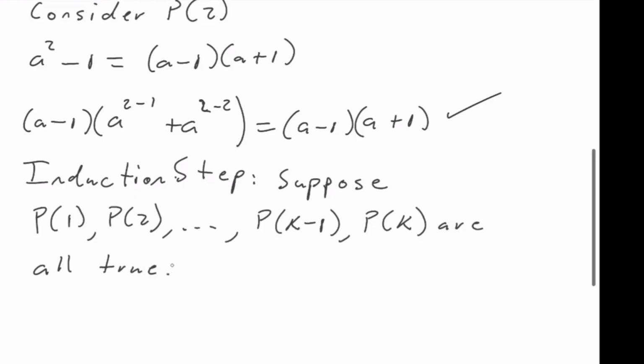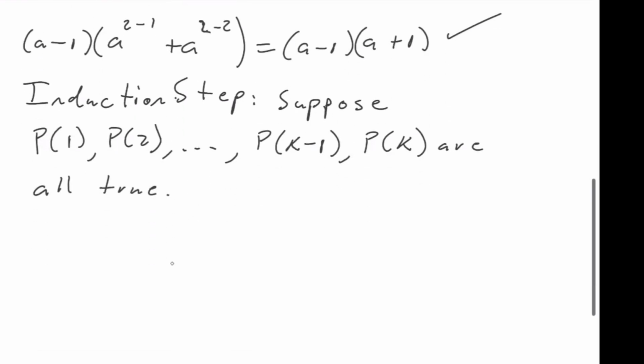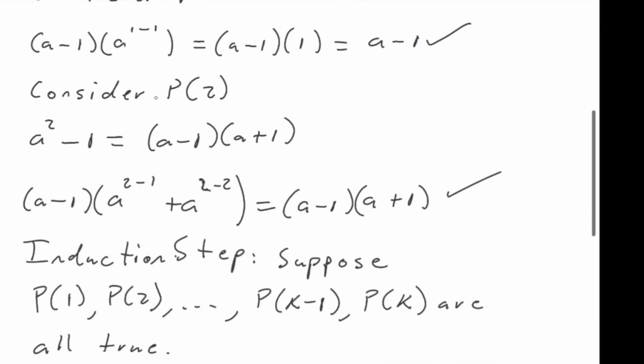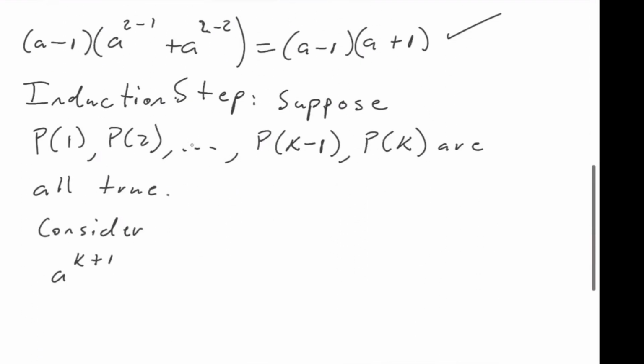Okay? So now let's go ahead and consider a to the k plus 1 minus 1, because we want to show that this formula works if we plug in k plus 1.